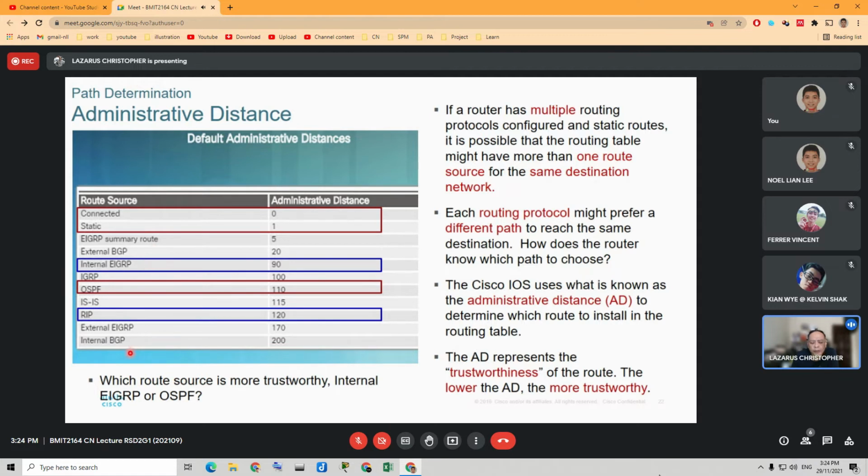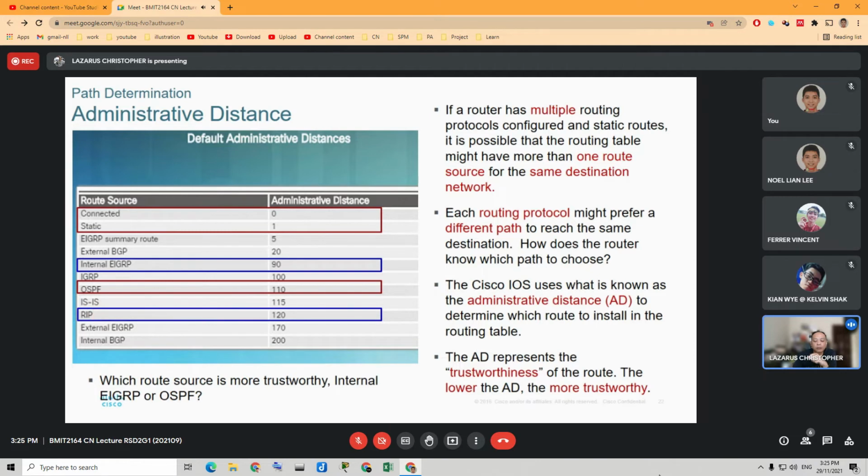Later, when we are learning about the administrative side, when we have a group of routers belonging to your organization, or your network is so big that you can divide it, then we'll look at BGP and external EIGRP. For now we just look at this first.